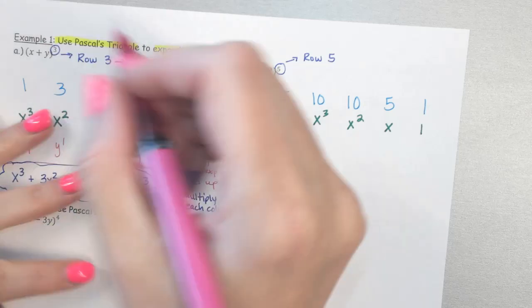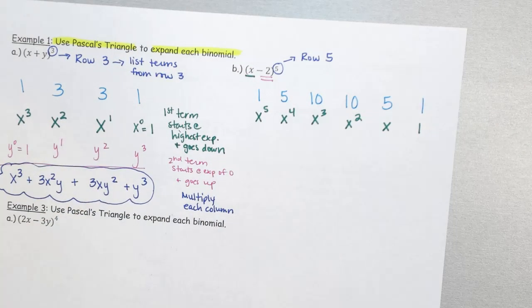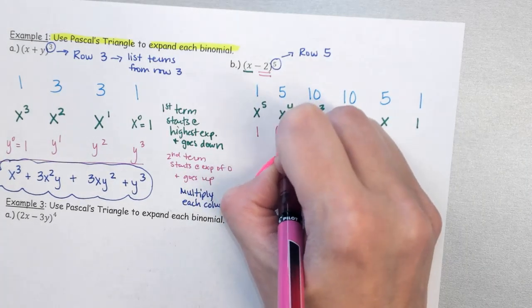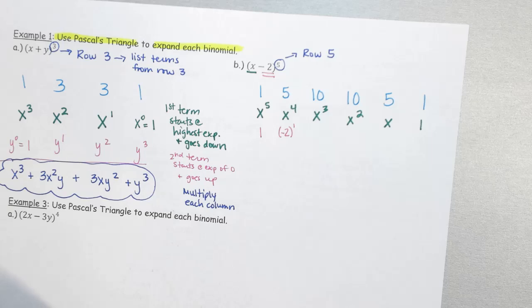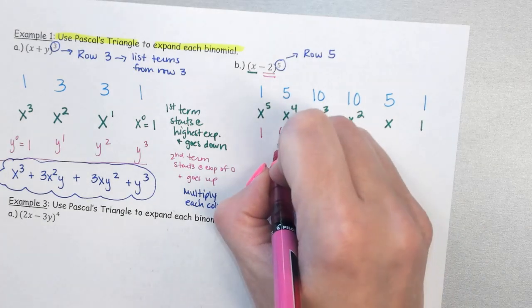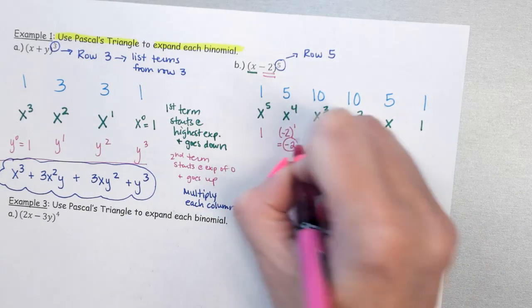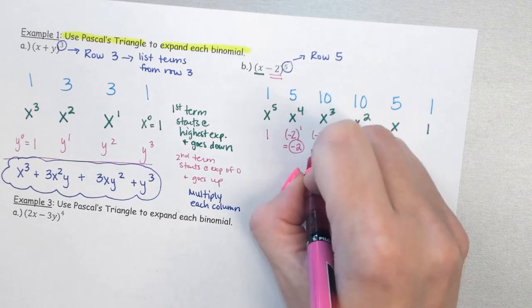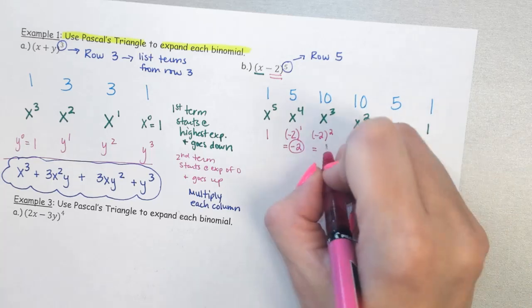-2, you have to take the negative with it. So -2 to the power of 0 is 1. What's -2 to the power of 1? -2. What's -2 to the power of 2? +4.